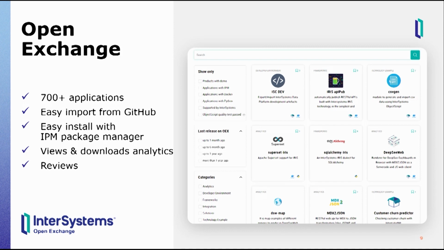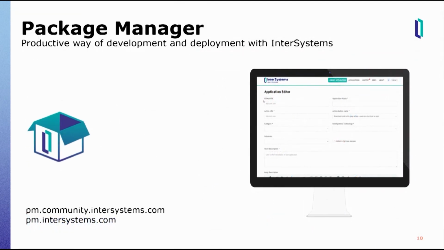This IPM makes it super easy to install. It's just IPM this package, right? And it's got a bunch of information for views and downloads, so people who are contributing applications can see how their applications are being used. And there's even reviews, of course.